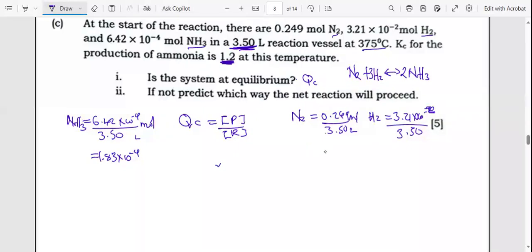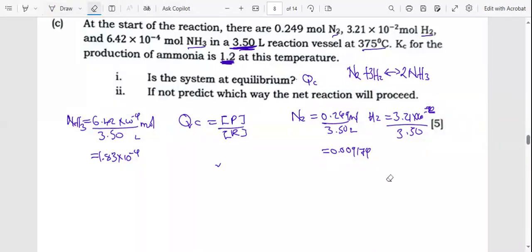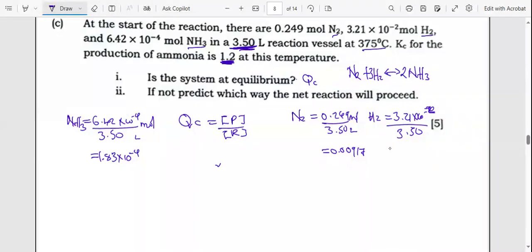So for nitrogen, the concentration that I'm getting is 0.009174. Okay, no, just 7. So that is the concentration I'm getting.